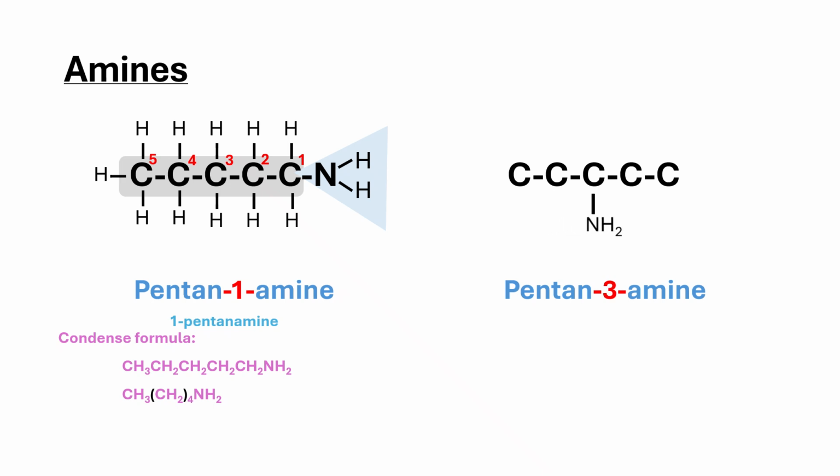If I go one more, which is the middle of the chain, you guessed it, it's going to be called pentan-3-amine. So condensed formula, it's going to be a little hard because I haven't done the hydrogens here for you. So why don't you pause the video and try to draw it yourself and come up with a condensed formula and check whether you're right.